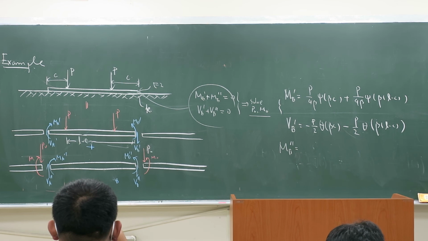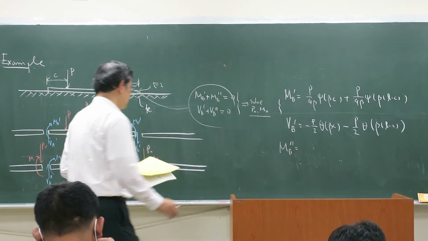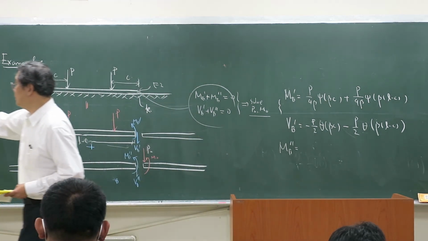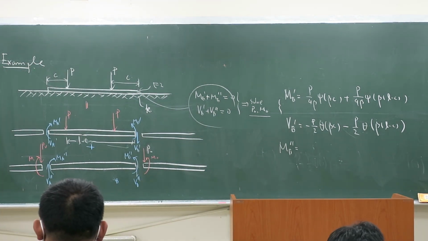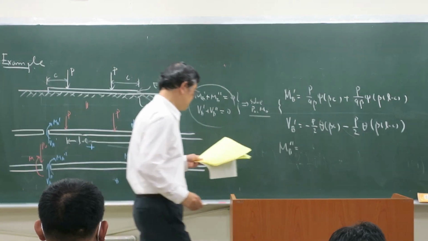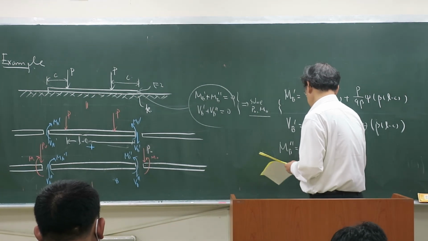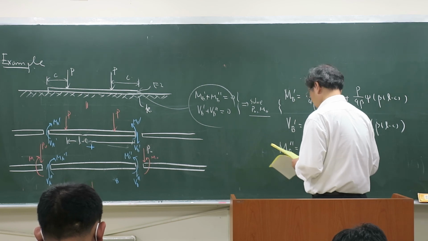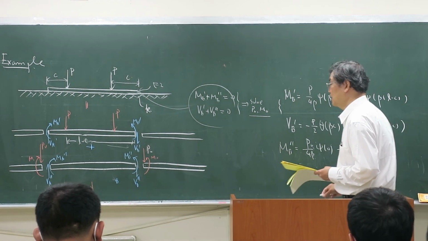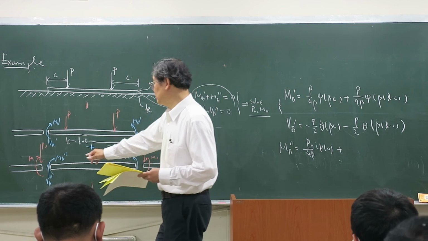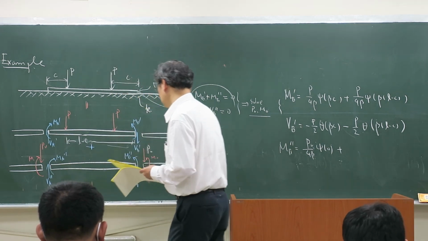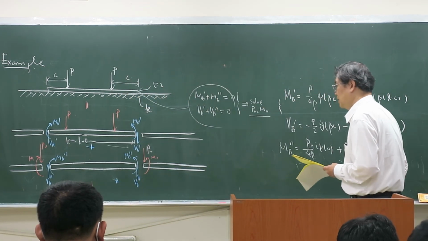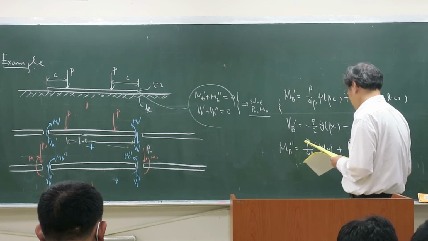No, moment, sorry, moment is this one. Moment from P on this side is the same. I didn't change sign. That would be P0 over 4 beta phi 0, and plus, I'm a distance L from the P0, right?